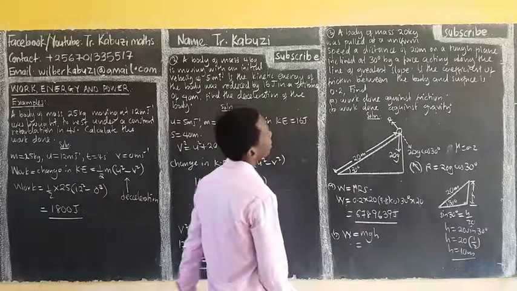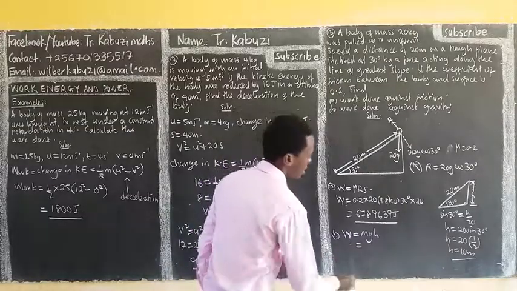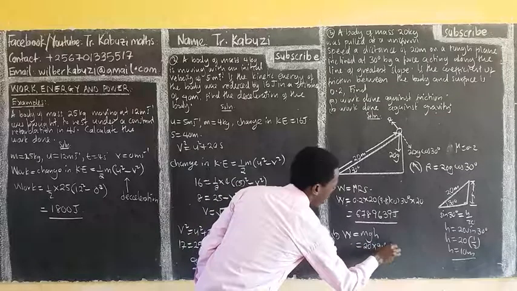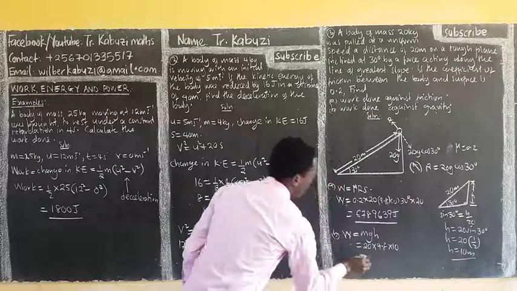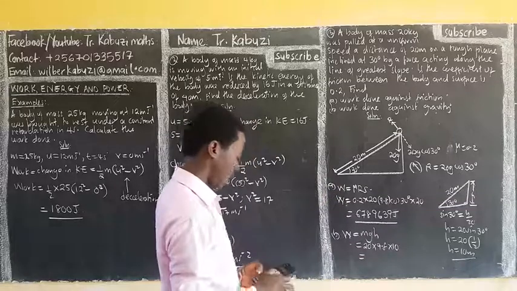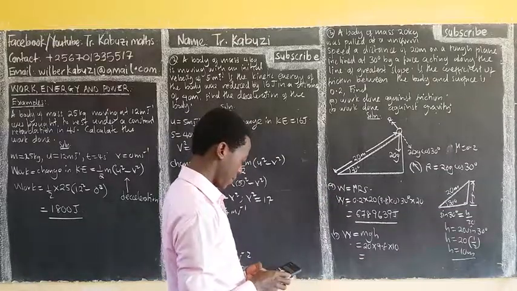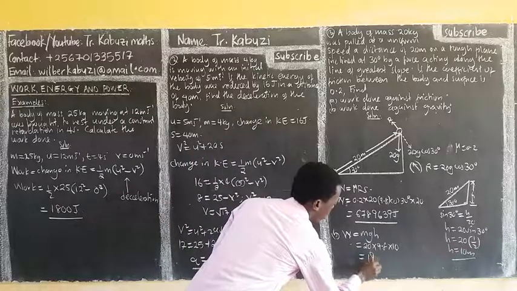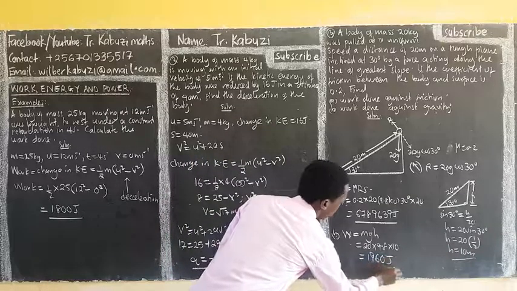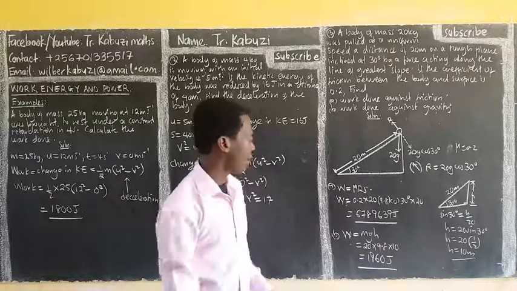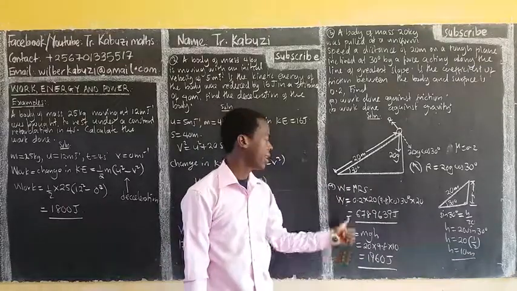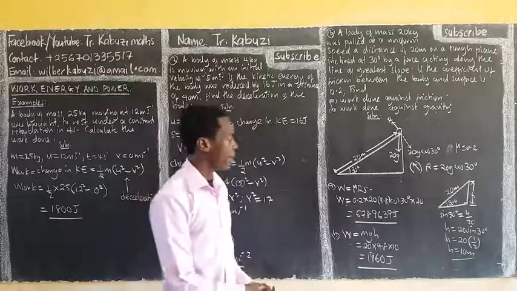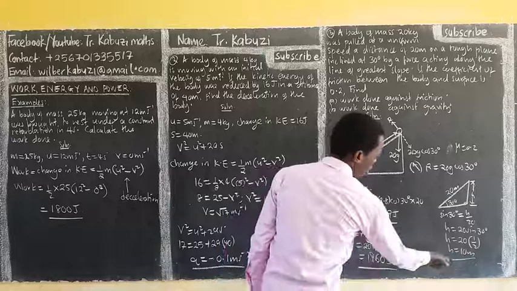My mass is still the same, 20 times 9.8, then times 10. My answer is going to be 1960 joules. So there's more work done by gravity than work done against friction. That's how we handle that, members. I wish you well.